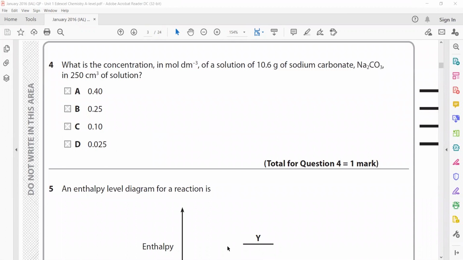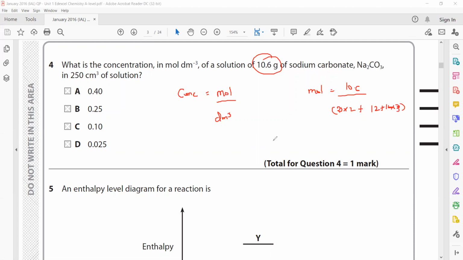For question 4, what is the concentration in moles per dm cube of a solution of 10 gram of sodium carbonate in 250 cm cube? So concentration in moles per decimeter cube. We have the mass, we have to convert it to moles. Moles equal mass in gram divided by molar mass. So what is the molar mass? Sodium is 23 multiplied by 2 plus carbon is 12 plus oxygen is 16 multiplied by 3.